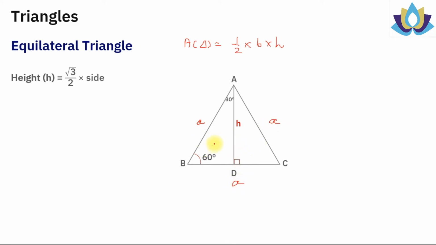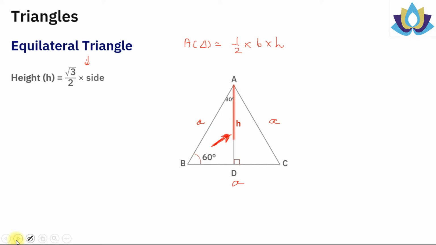When it comes to the height, this is your height. Height is nothing but the side opposite 60 degrees. Can you all see this? If you take triangle ABD, your AD is nothing but the side opposite 60 degrees, and by using that, this expression is derived: height is equal to root 3 by 2 times this side.